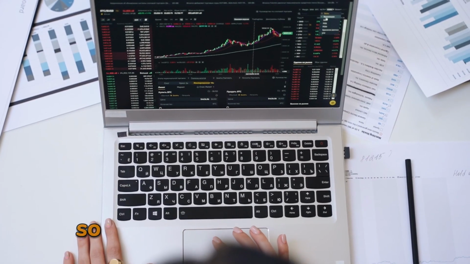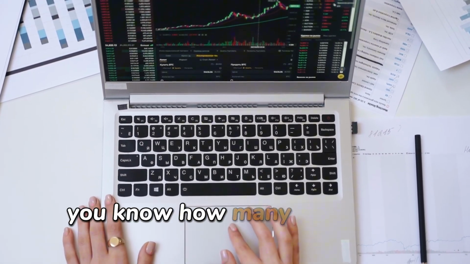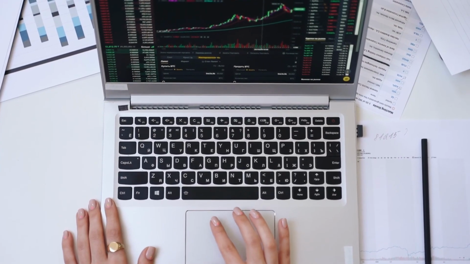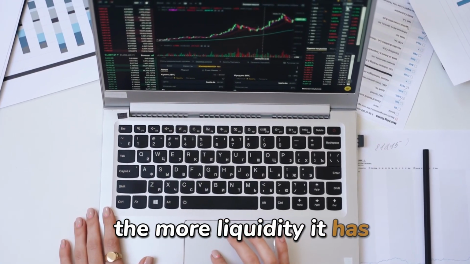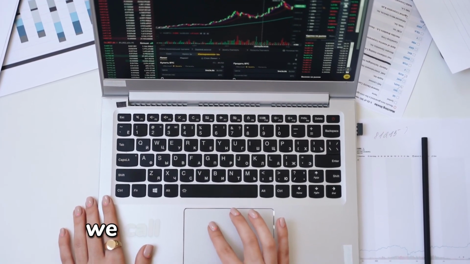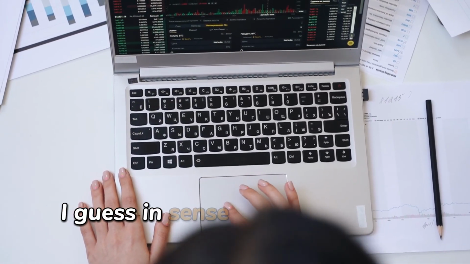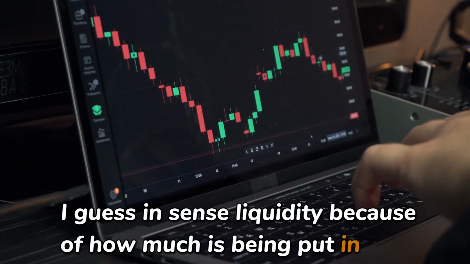So what this means basically is how many people are trading it, how many orders are being placed. The more of it, the more liquidity it has. We call it, I guess, sort of money, in a sense, liquidity because of how much is being put in there.